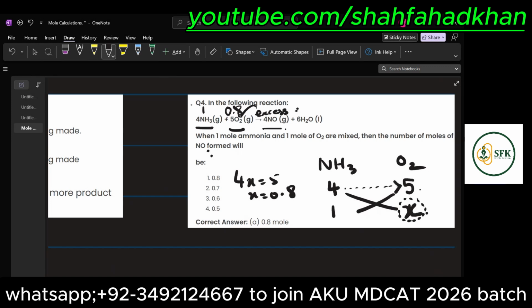For each 1 mole of ammonia, you need 0.8 moles of oxygen. I think there's a mistake here. Wait, this cannot be 0.8.